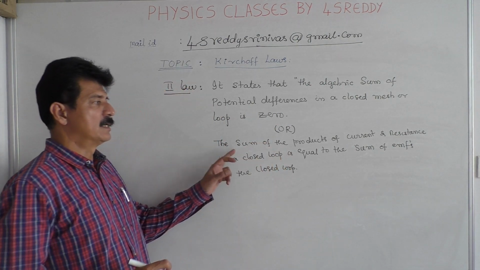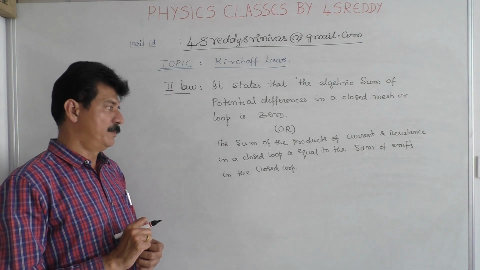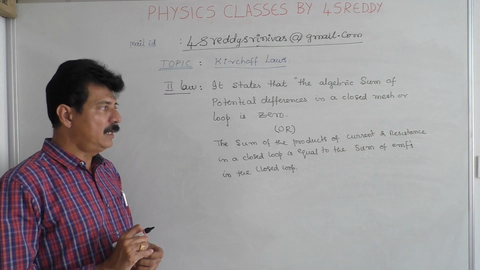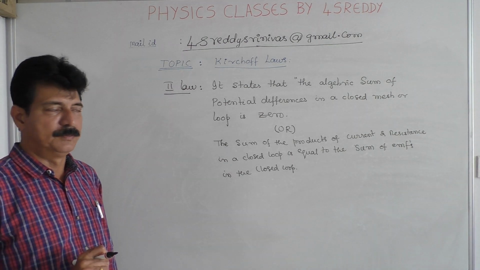That's another one. The sum of the products of the current and resistances in a closed mesh or loop is equal to the sum of the EMFs in the closed loop.